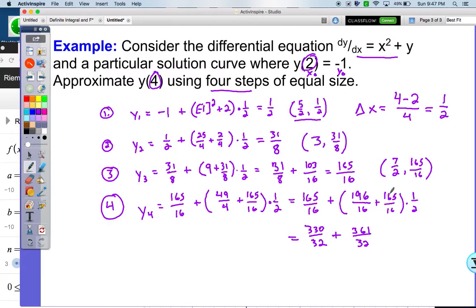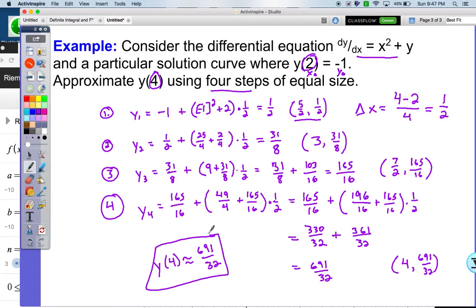When I add those two together, that ends up giving us 691 over 32. Okay, and so that would be the point. 1/2 away from 7 halves, so 8 halves, is 4, and 691 over 32. So y of 4 would be approximately 691 over 32.